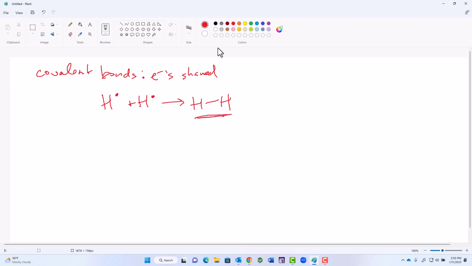Now remember, there's a couple different notations for types of bonds. If we share one pair of electrons, I guess we'll just call this a generic X. So we can do multiple bonds. If we have two electrons shared, we call that a single bond.